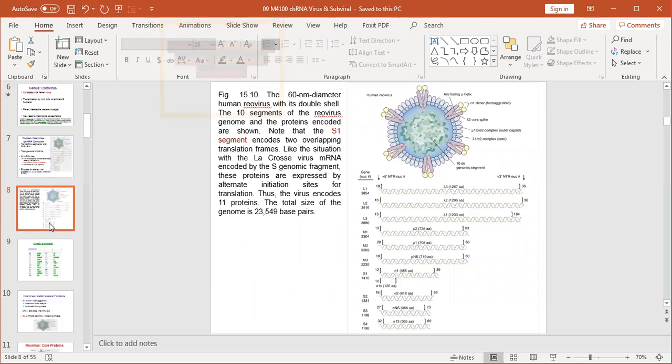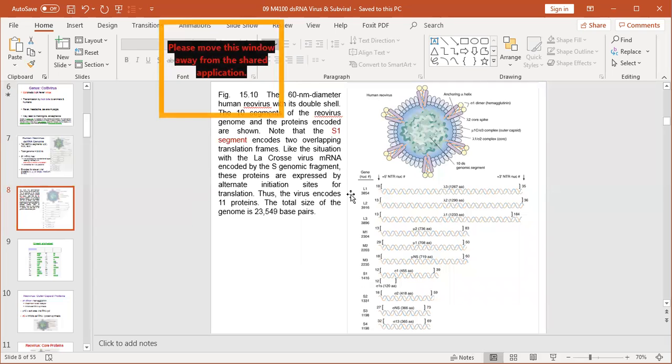Slide number 8 is just basically a depiction of what we just discussed, with a little bit more emphasis on the S1 segment, which is this segment due to having 2 overlapping open reading frames with different initiation start sites. It codes for 2 proteins.